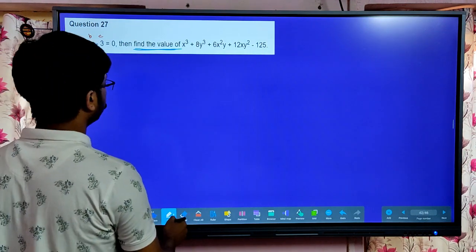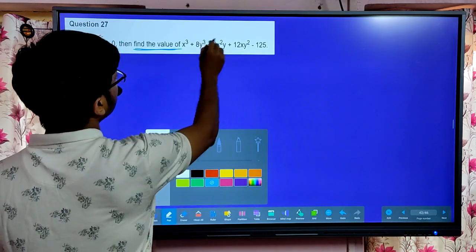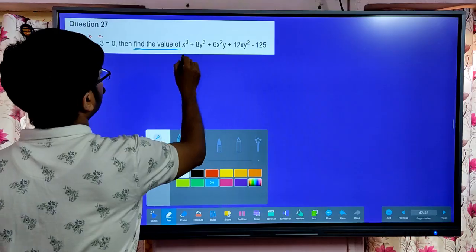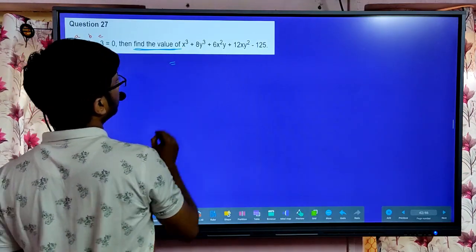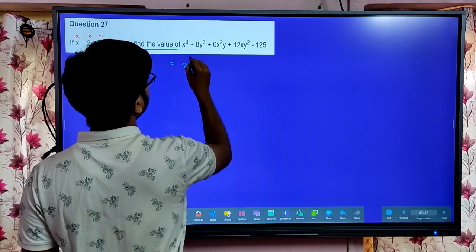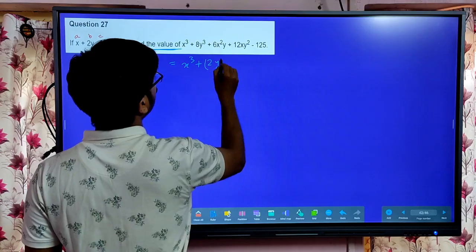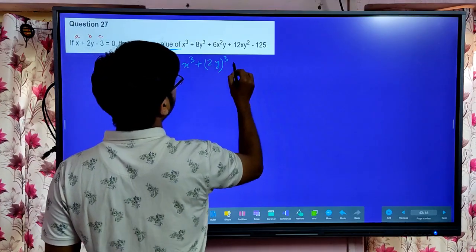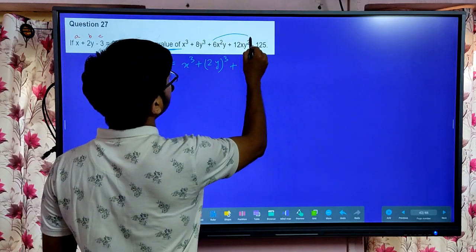So let me express, first write it down. First you should copy this. I am just writing equal to x cube. We can write x cube plus 8, we can write 2y whole cube plus. From these two terms, I can take how much common?